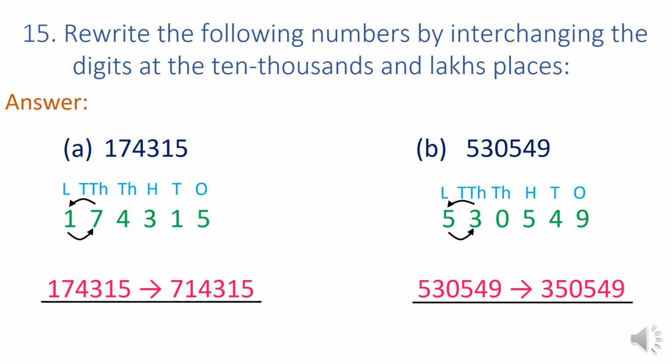3 is in the 10,000s place and 5 is in the lakhs place. So, for getting the answer, interchange the digits. That is, write 3 in the lakhs place and write 5 in the 10,000s place.